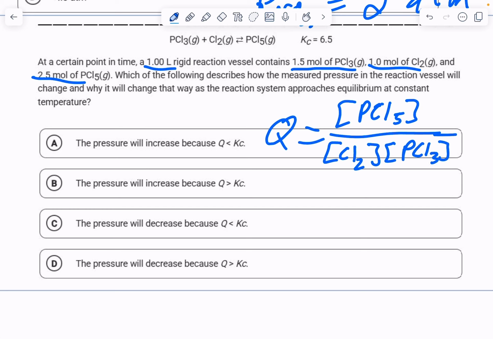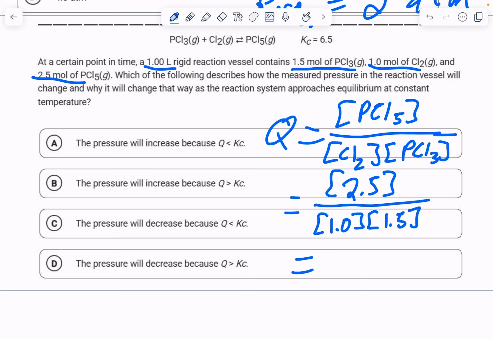I just have to plug in those numbers. So on top, I'll get 2.5. On the bottom, I get 1 and 1.5. So ultimately, it's just going to be 2.5 divided by 1.5, and looking at my calculator, I get approximately 1.66 repeating.